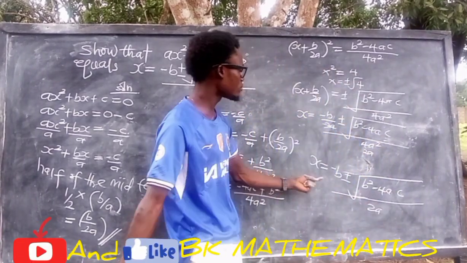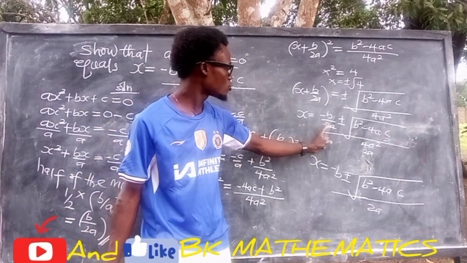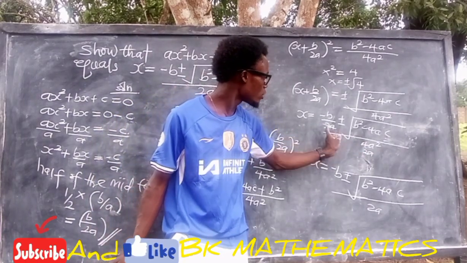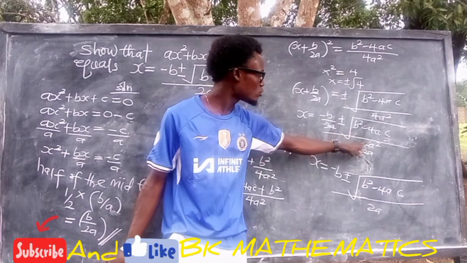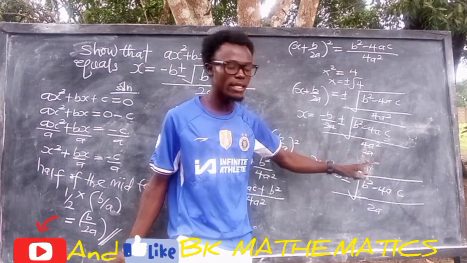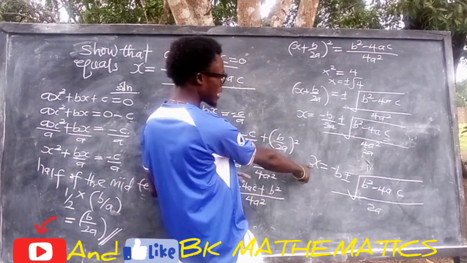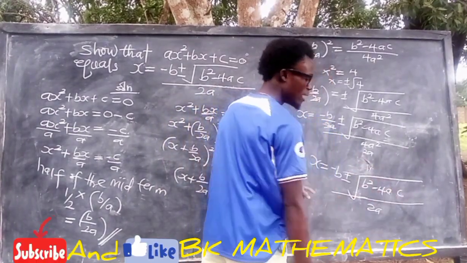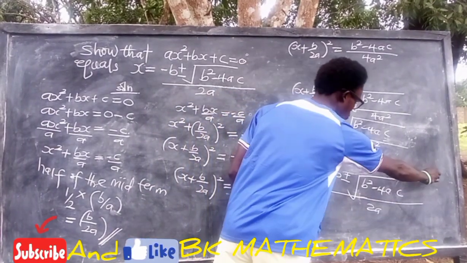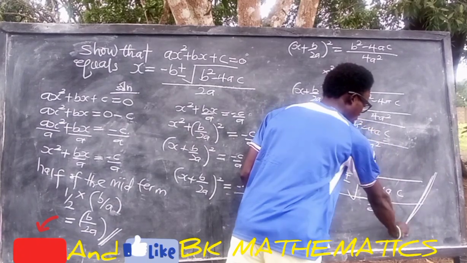So this is what remains. After 2a cancels, we know this 2 goes into 4, what will remain is 2. A cancels a, this is a squared, it will remain a. Then our answer becomes x is equal to minus b plus or minus the square root of b squared minus 4ac divided by 2a. This is what we are required to do.